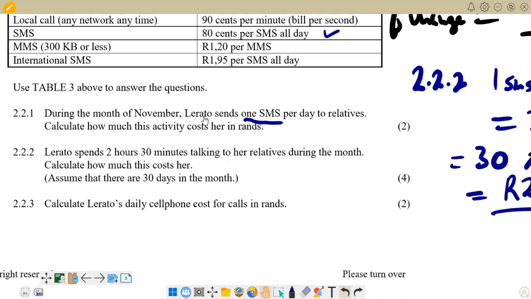Of course, we have already identified that we have 30 days in the month. But this question is saying Lelato spends 2 hours, 30 minutes talking to a relative during the month. Calculate how much this costs. So we have the time, then we check all the rates that we have in terms of calling.